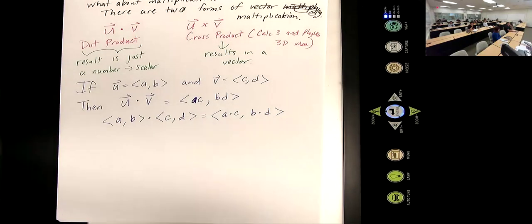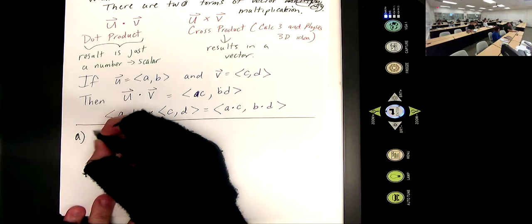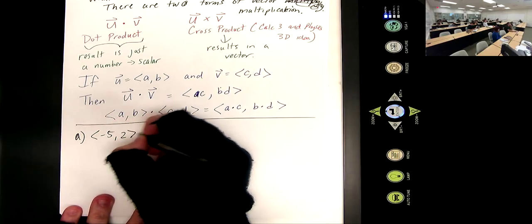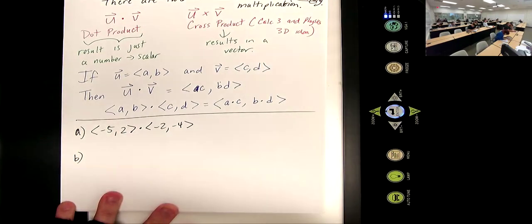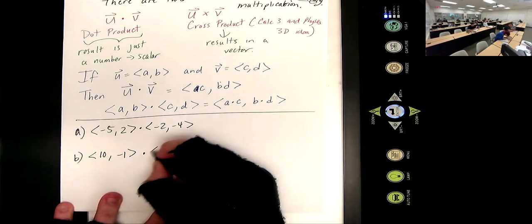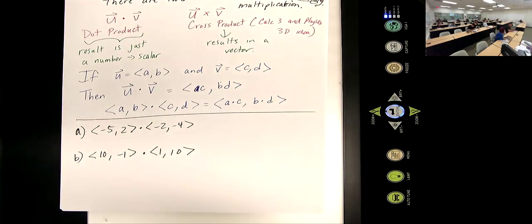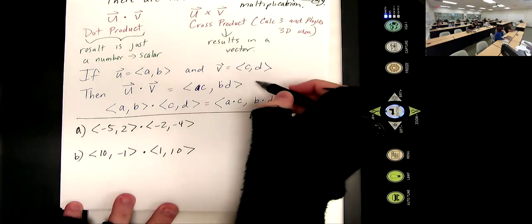Alright, let me give you guys some examples, give you something to do. Oh my god, I said this was a scalar and then I wrote a vector.